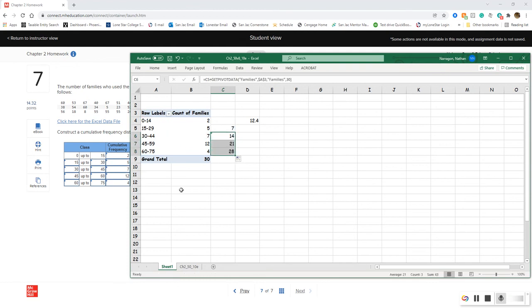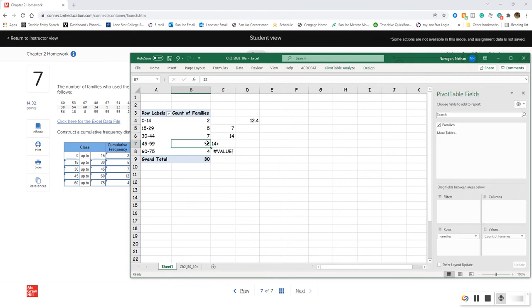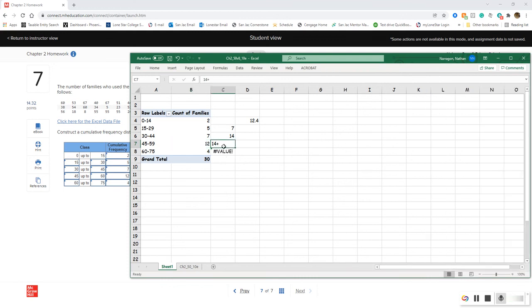Now let's see. Nah, still not correct. I thought I was going to get fancy with y'all. But no, it does have to be commutative. So 14 plus 12 equals 26, plus 4. There we go.